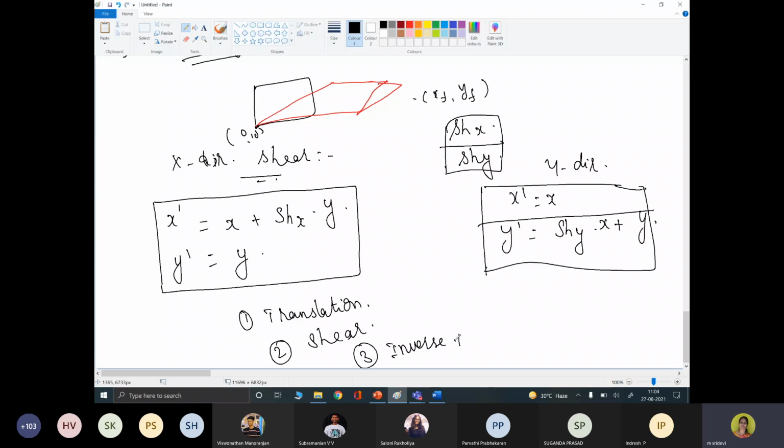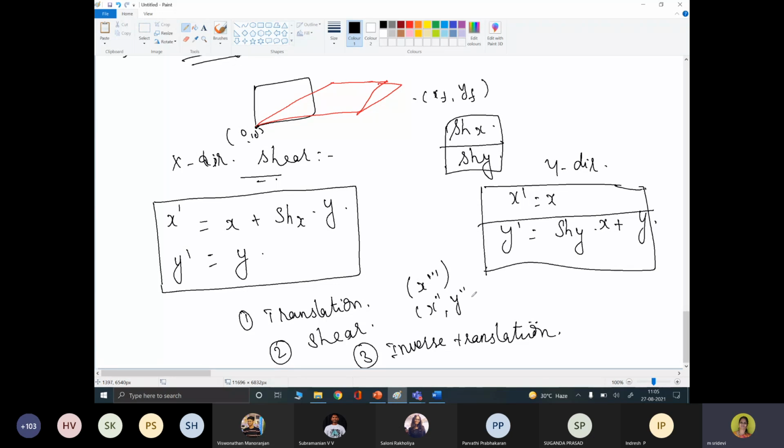What we have discussed with respect to rotation, the same logic can be used here. If it is with some arbitrary point, we can perform this. While we perform translation, each and every pixel will be translated. So x triple dash is x minus x f. Similarly, y triple dash equals y minus y f, and apply the shearing factor with respect to the triple dash values, and then you will get an x double dash value.